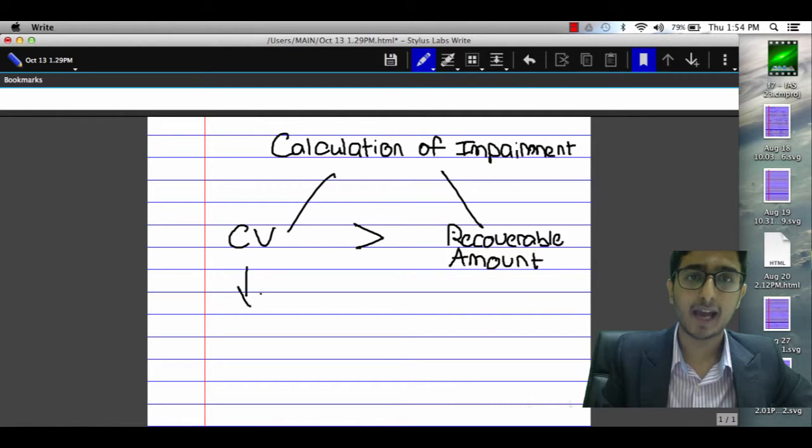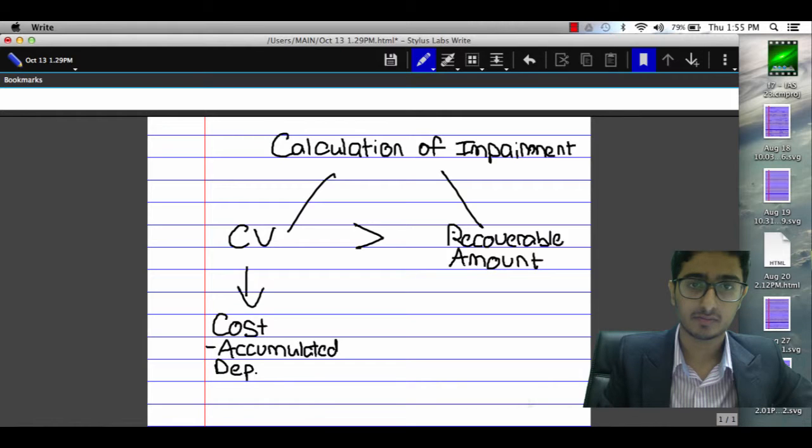From our previous IAS, you should know to calculate carrying value, we simply use cost minus accumulated depreciation. Now, when it comes to recoverable amount, we compare two things.